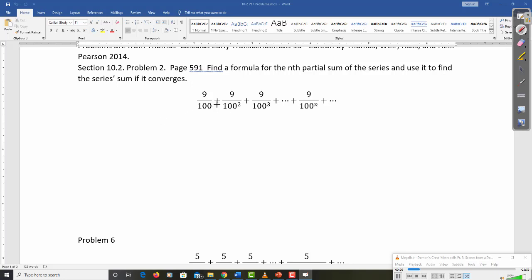So let's see here. You can see the 9 in every term, so you can just factor that out. 9, and then you can see that's 1 over 100, 1 over 100 squared, 1 over 100 cubed.